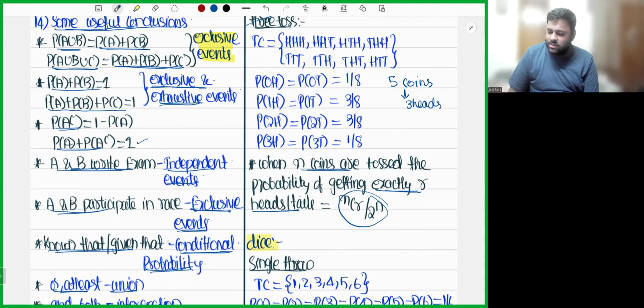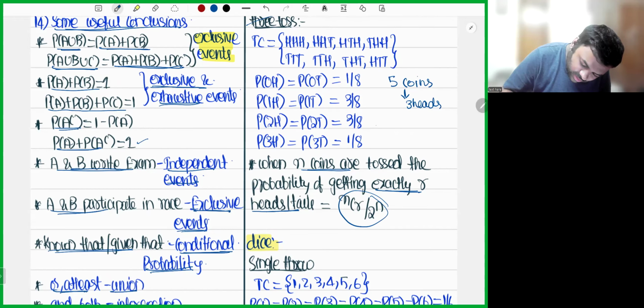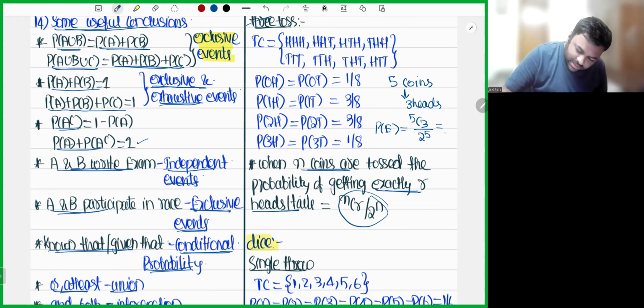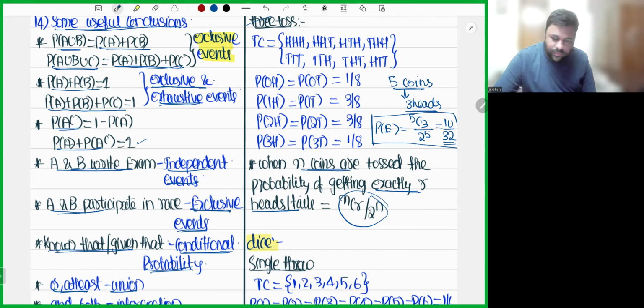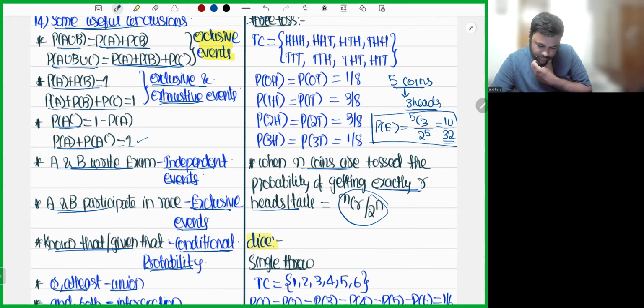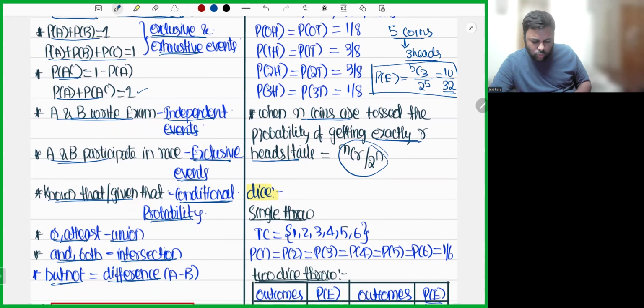Probability will be 5C3 divided by 2 power 5. What is 5C3? 5C3 is obviously 10, sir. 2 power 5 is 32. So if you're tossing 5 coins, then the probability of getting 3 heads will be 10 divided by 32. That is nothing but nCr by 2 power n.